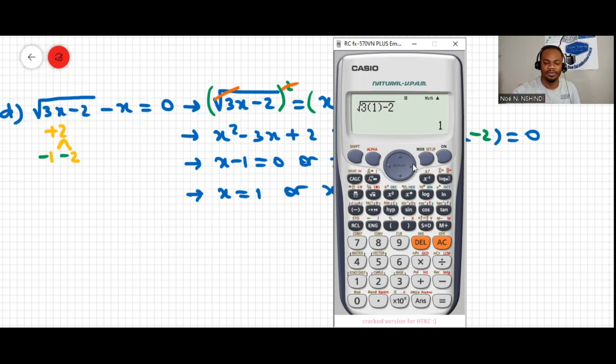And then outside the root, minus the value of x is 1 also. So this is 3x minus 2 within the square root minus x. When x is 1, let's check if our answer will be equal to 0. If I hit equal, we got 0. So this is a valid solution.